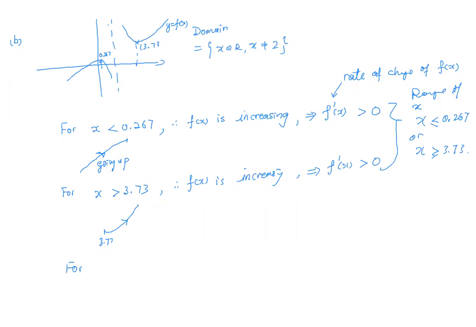Now, if you look for x greater than or equal to 0.267 but less than 2, the f(x) graph is going down, am I right? So therefore, f(x) is decreasing. So this implies the rate of change is negative.